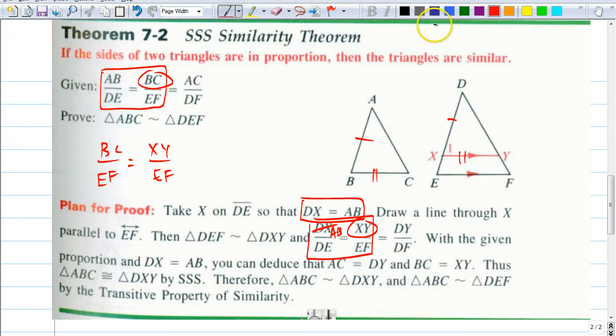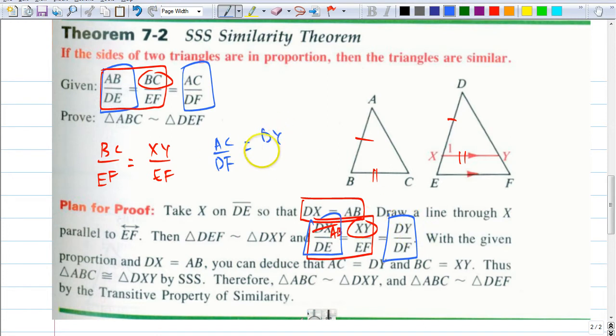What else could we do? Let me do this with blue. Can I use this one equal to this, and this equal to this now? So now AB over DE is equal to AC over DF, and DY over DF. So AC over DF is equal to DY over DF, because we replaced DX with AB, remember?